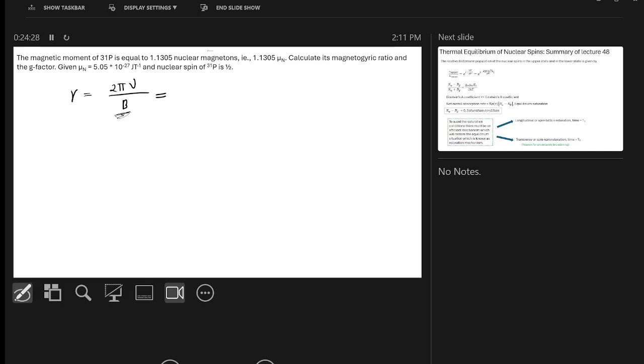The nuclear magneton is given, so we can use the other equation, mu equals gamma I h by 2 pi. So it will be like here 2 pi mu by I h. So 2 times 3.14, and what is the value? 1.13. Okay, 1.13.